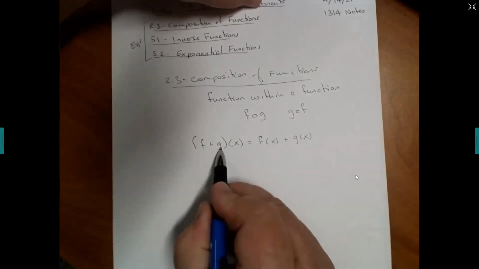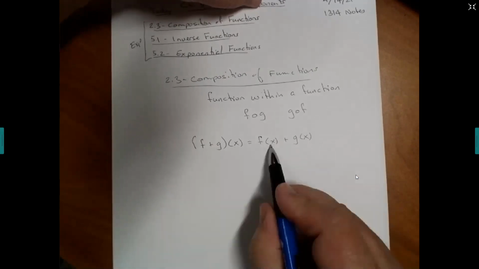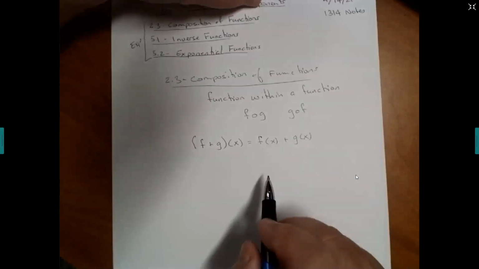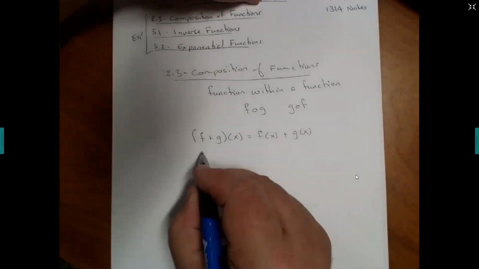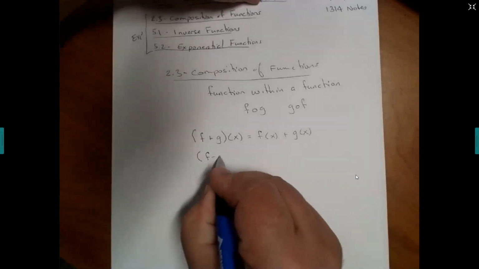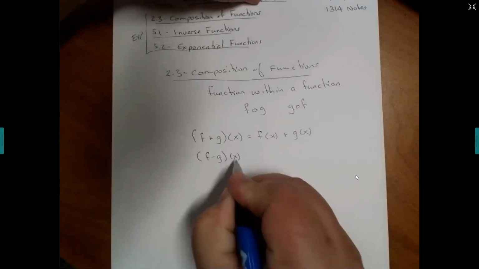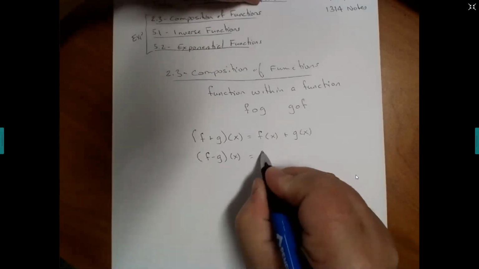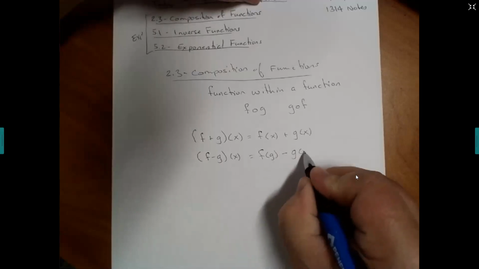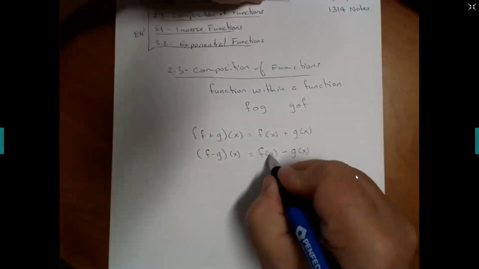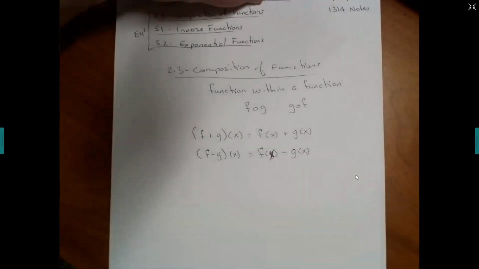If you add the two functions together, then do the x, or you can add the individual functions together first. The same thing with subtraction. So this is f of x minus g of x.